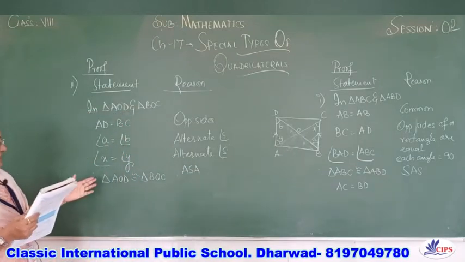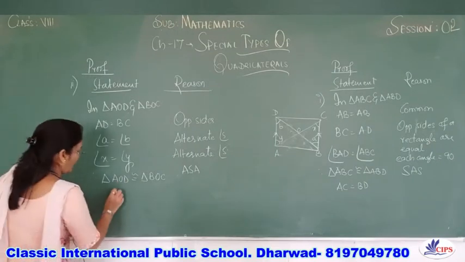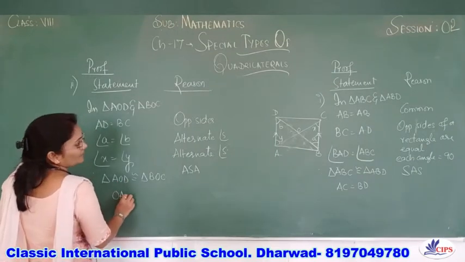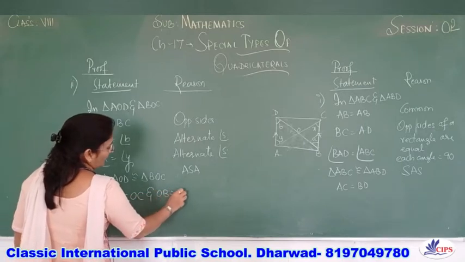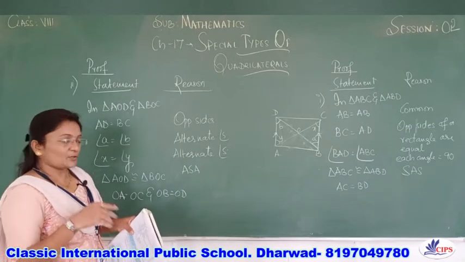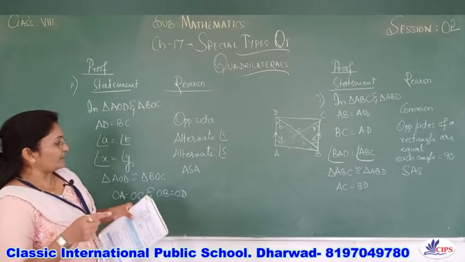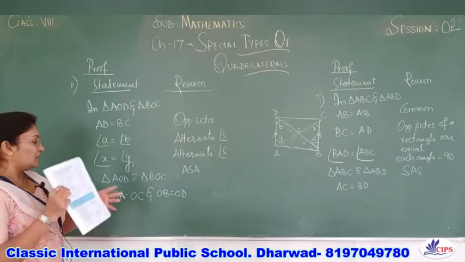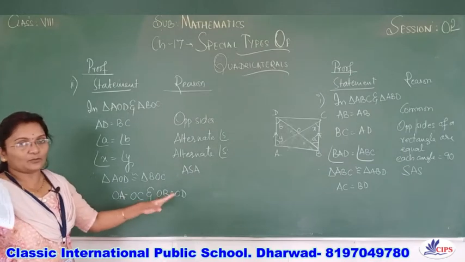Now when these triangles are congruent, OA is equal to OC and OB is equal to OD. Congruent means it has the same size and shape, so these sides also will be equal. So we have proved that the diagonals bisect each other and the diagonals are equal to each other. See, OA is equal to OC and OB is equal to OD.